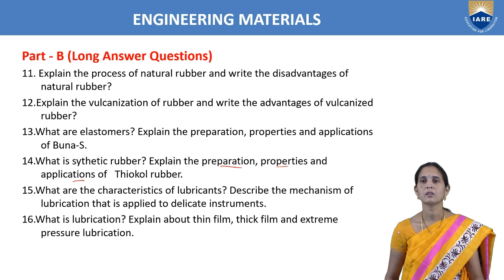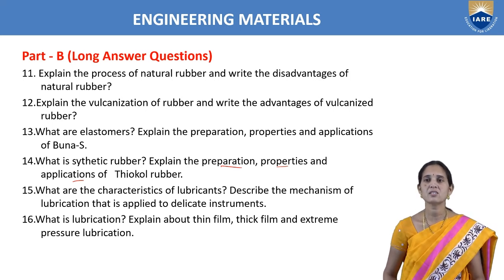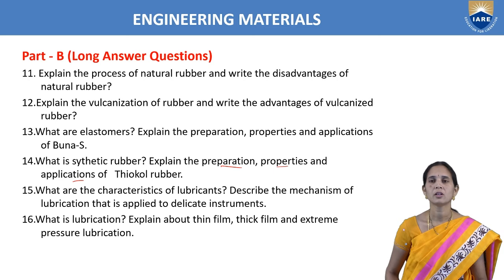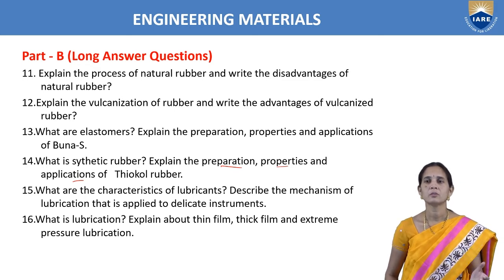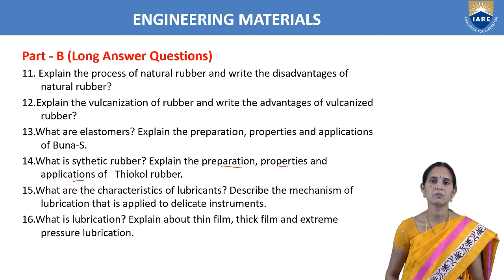So next one, what are the characteristics of a lubricant? We have to write that a good lubricant should have good oiliness, low flash and fire point, low cloud and pour point, and it should reduce the friction between the two moving surfaces. So some points we have to write. Describe the mechanism of lubrication applied to delicate instruments.